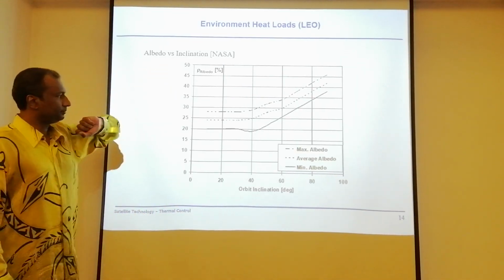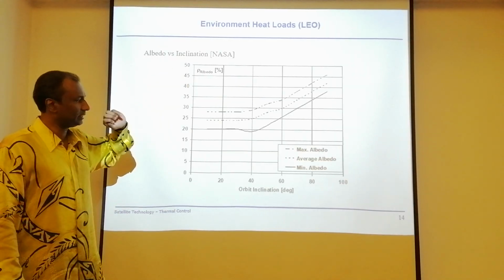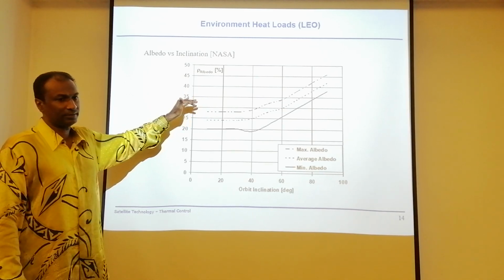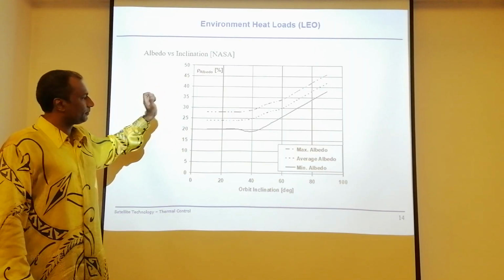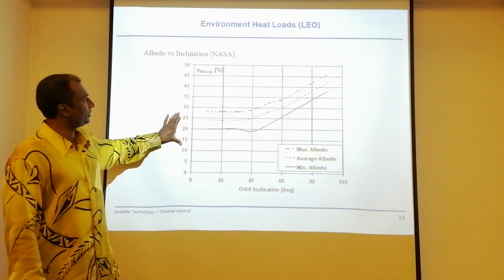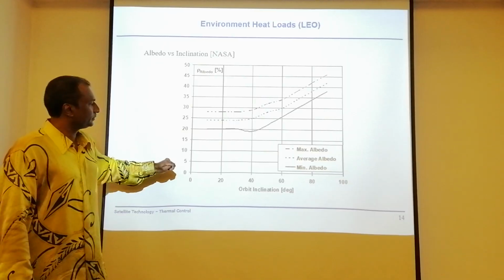Albedo versus inclination. Now, this data is from NASA. They update this, you can search and find it. Now let's look at this trend here. This is the albedo's percentage.